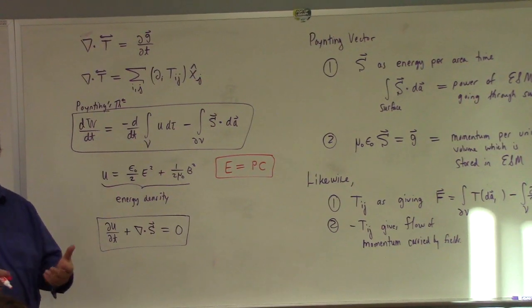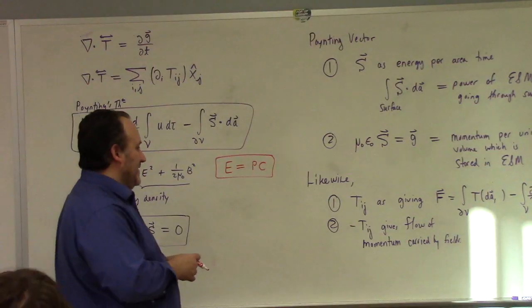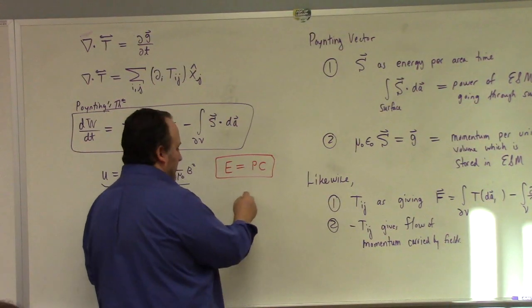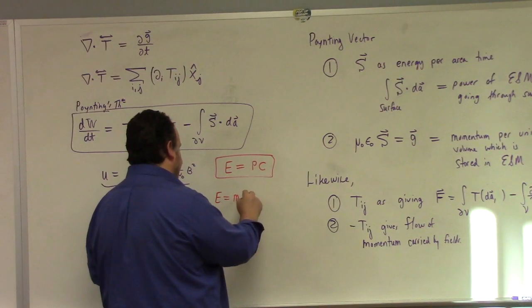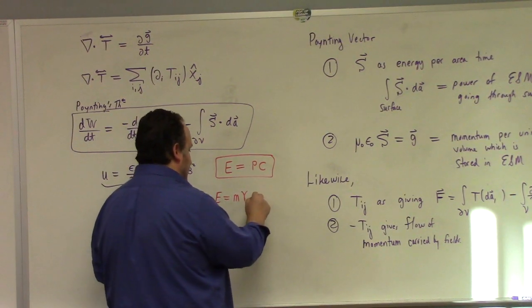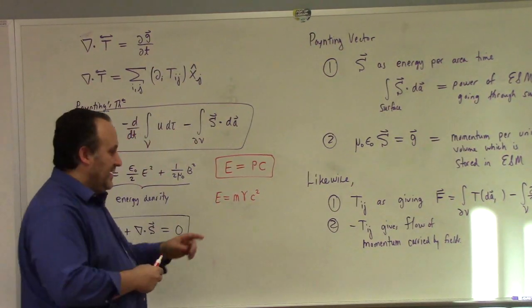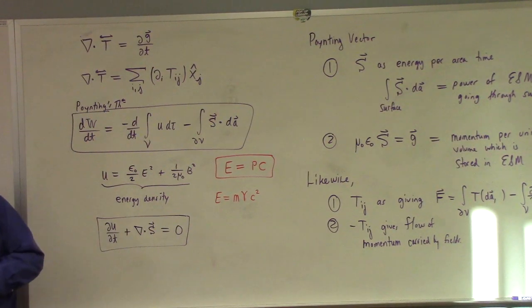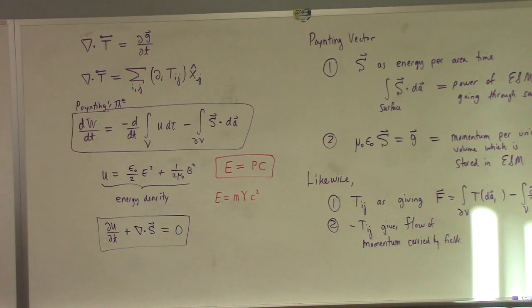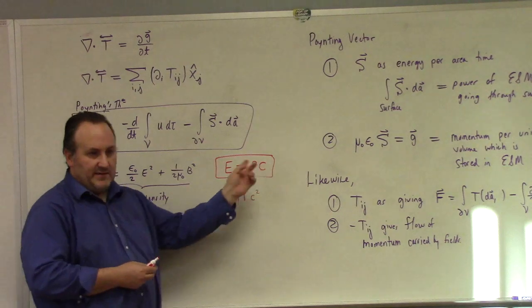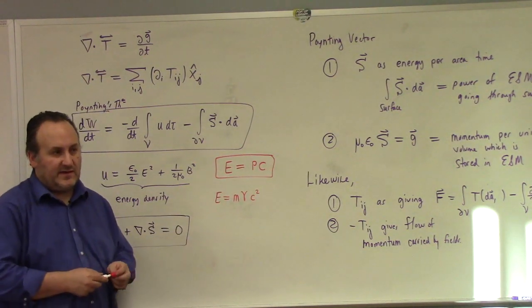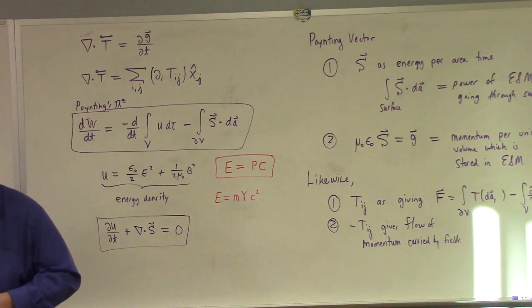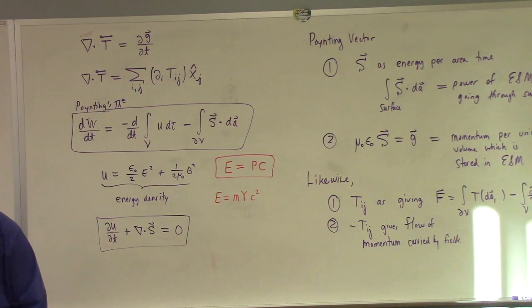There's no mass. We'll see in chapter 12 that if you have a massive particle, E is equal to m gamma c squared. Now gamma is a function of velocity and the speed of light, but there's nevertheless the rest mass there. But no mass for light. It's just this, which of course you can also rewrite in terms of frequency, like E equals hf. But anyway, I'm getting ahead of the story.